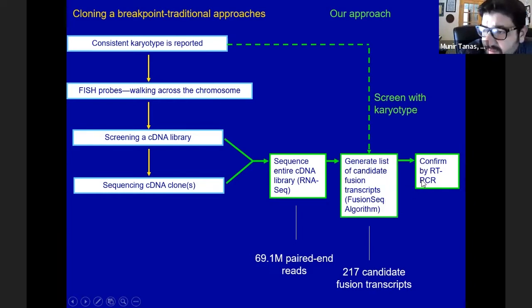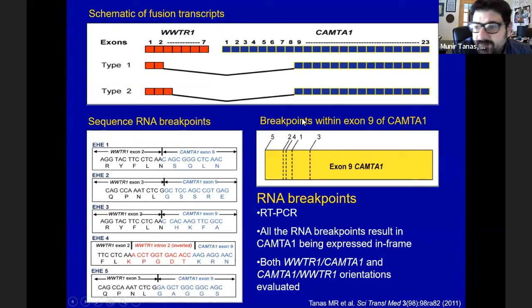And so the WWTR1-CAMTA1 fusion was confirmed by RT-PCR. These are the RNA breakpoints on the index case, as well as 4 additional EHEs that we did RT-PCR on. They show these fusion events between exons 2 and 3 of WWTR1 and breakpoints within exon 9 of CAMTA1.